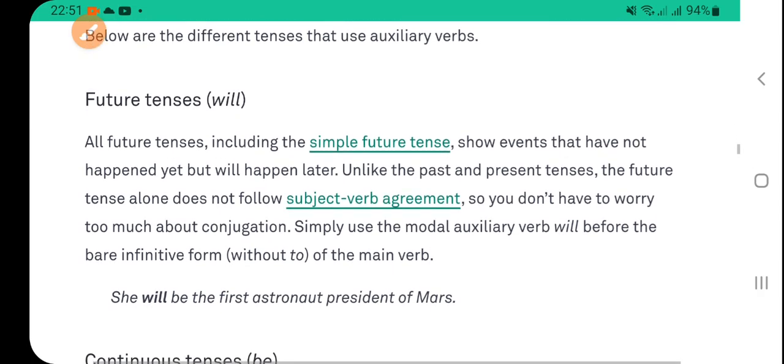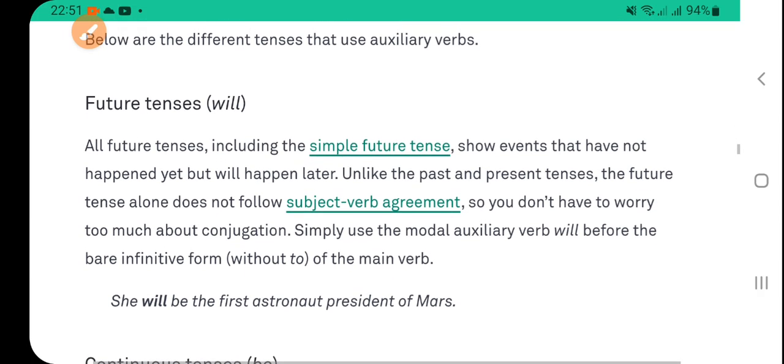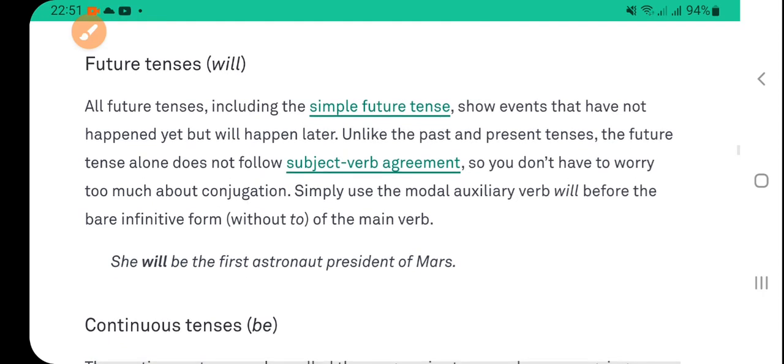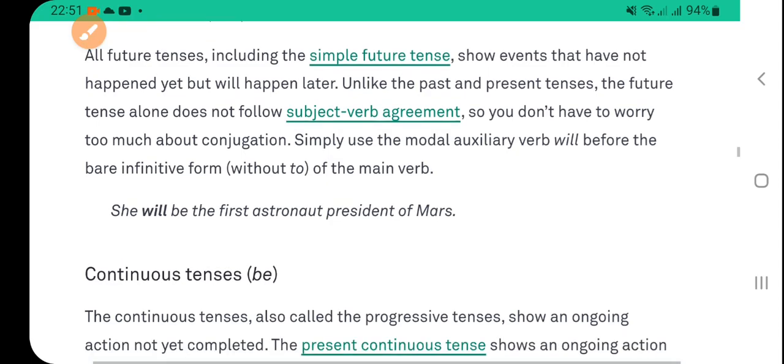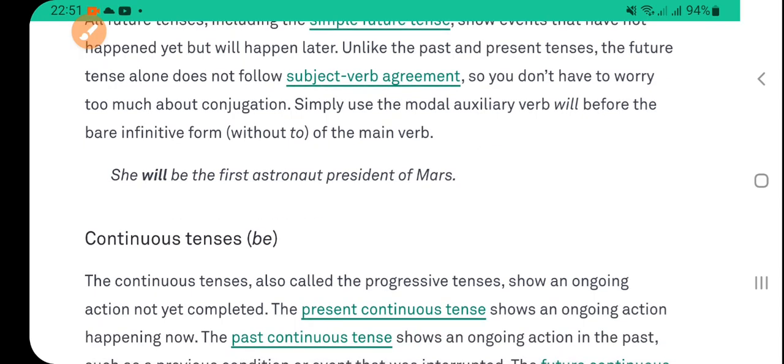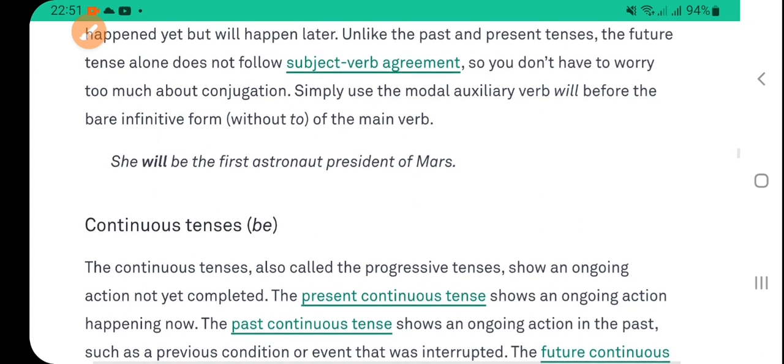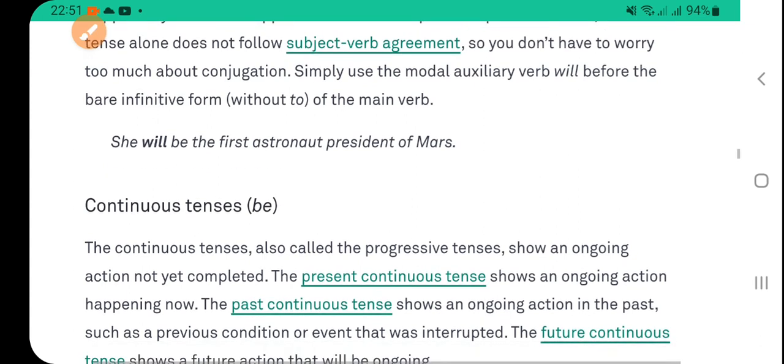Below are the different tenses. Shall is being deleted, fast fading, but yes, all future tenses, including the simple future tense, show events that have not happened yet but will happen later. Unlike the past and present tense, the future tense does not follow subject-verb agreement.